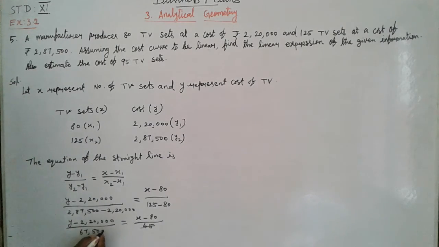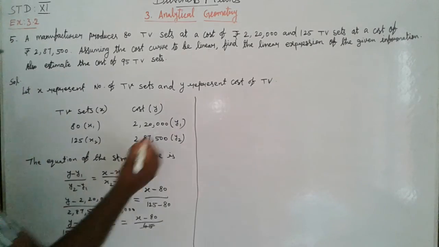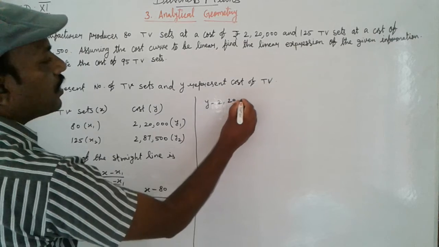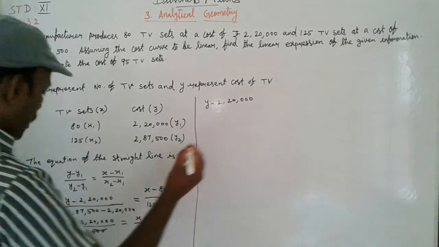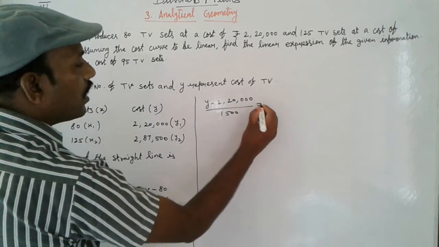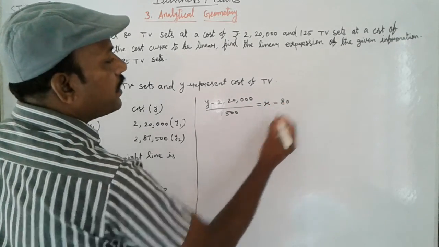45 and 67,500: cancelling, it is 1,500 times. So y minus 2,20,000 divided by 1,500 equals x minus 80.